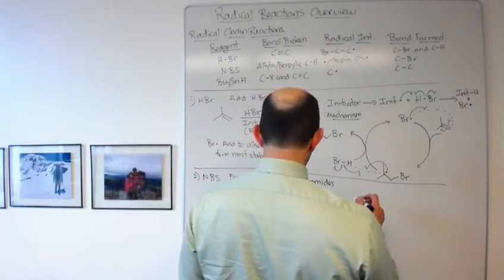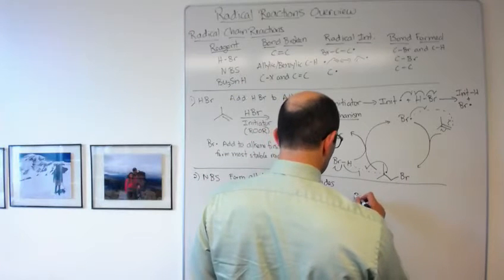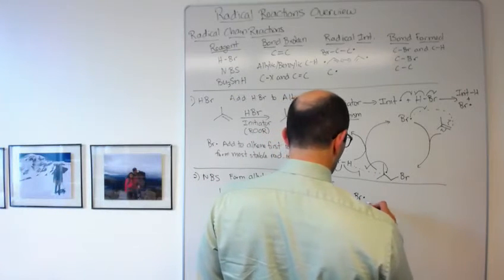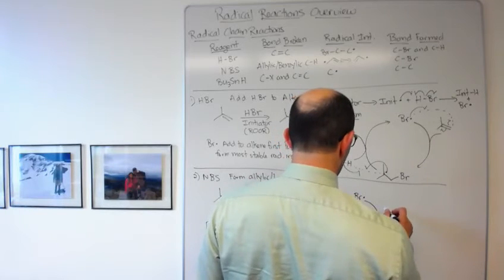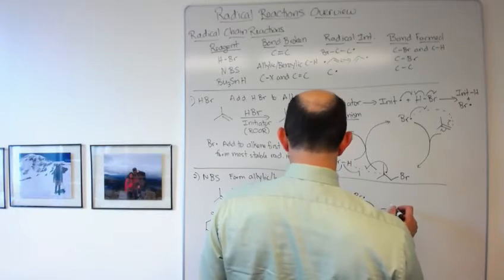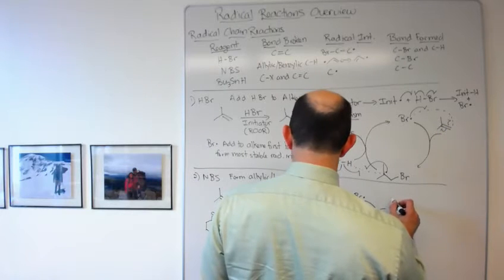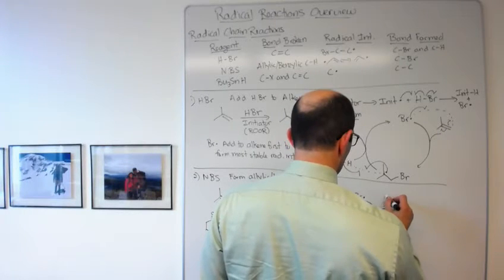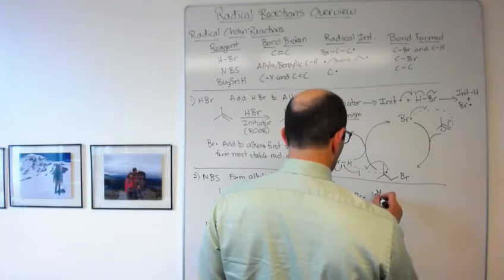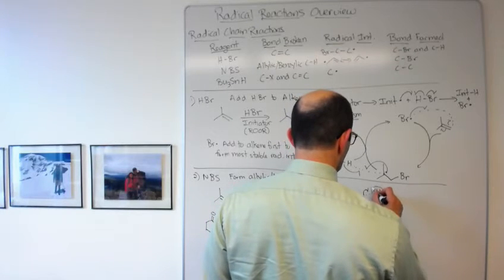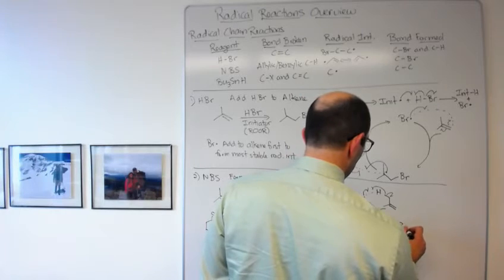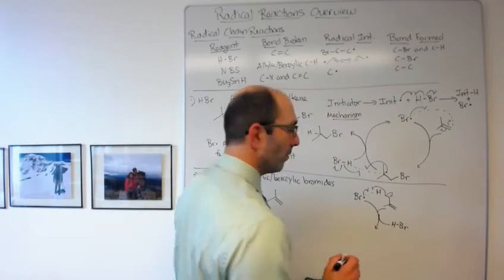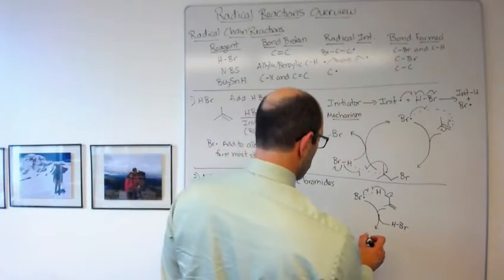So when we have a Br radical in this reaction, we're going to generate a different radical than in the reaction above. Because what's going to happen here is we're going to abstract an allylic proton to make a resonance stabilized radical.